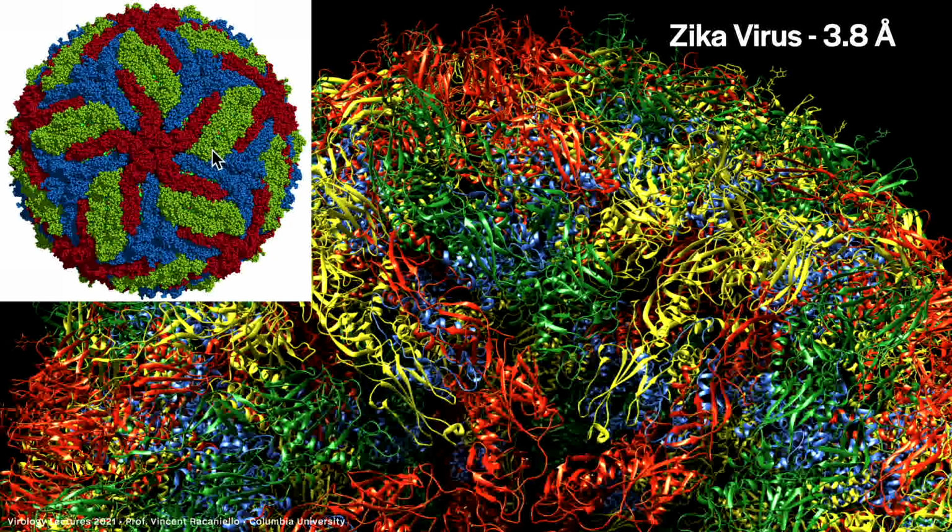The upper left image is a space-filling model where we make all the atom spheres, and this is an alpha carbon tracing, and we've colored the different proteins different colors. But you can see the repeating nature of it, and I love these. I have programs that can display these images, and you can go through the particle, you can zoom in, you can do all kinds of amazing things, and of course you can highlight residues that you think are important.